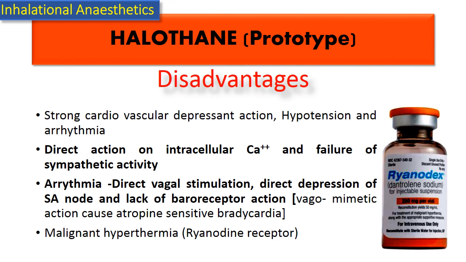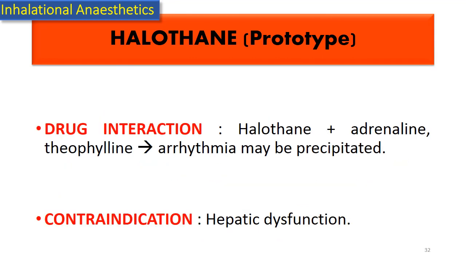There is vagomimetic action causing atropine sensitive bradycardia, and it also causes malignant hyperthermia due to its action on ryanodine receptors. And dantrolene sodium is used to treat malignant hyperthermia. Halothane interacts with adrenaline and theophylline, and it may precipitate arrhythmia. It is contraindicated in hepatic dysfunction.